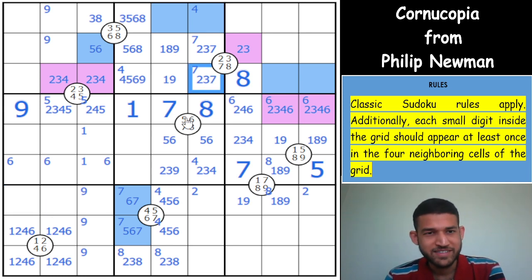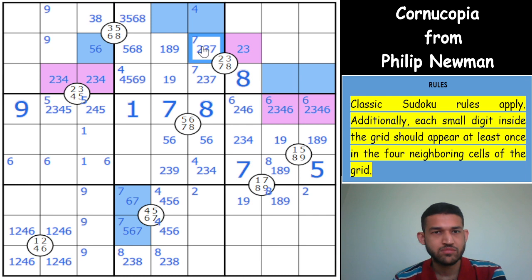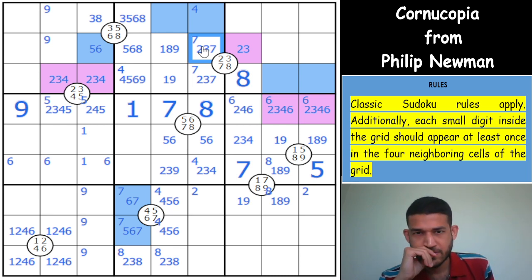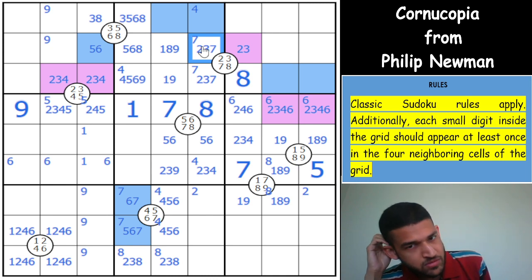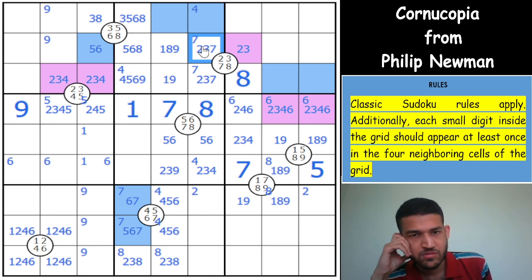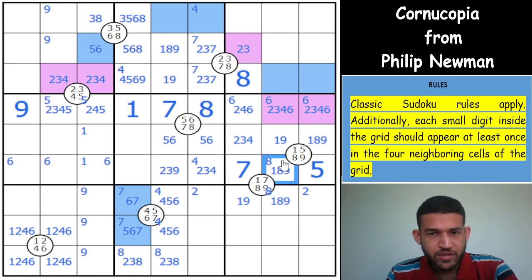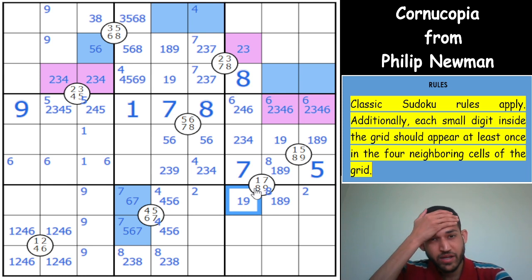One tiny deduction that is eluding us. Okay, not seeing. I hope I'm not missing something very simple.